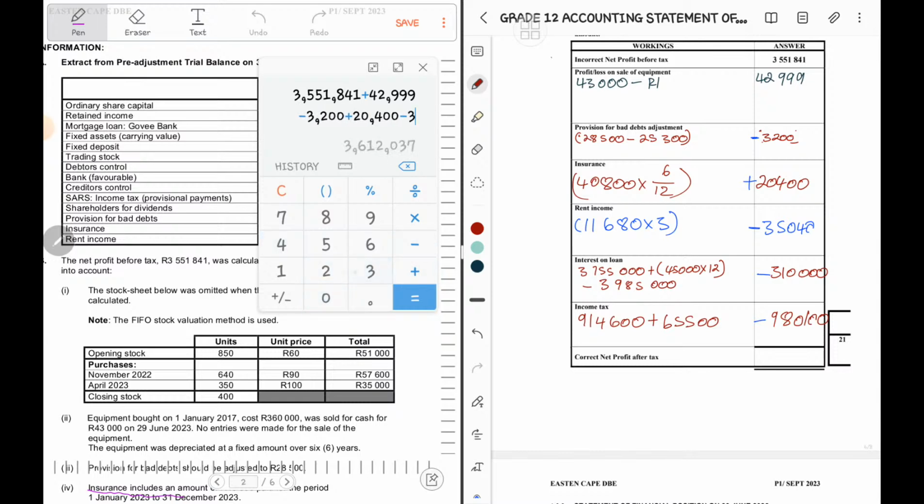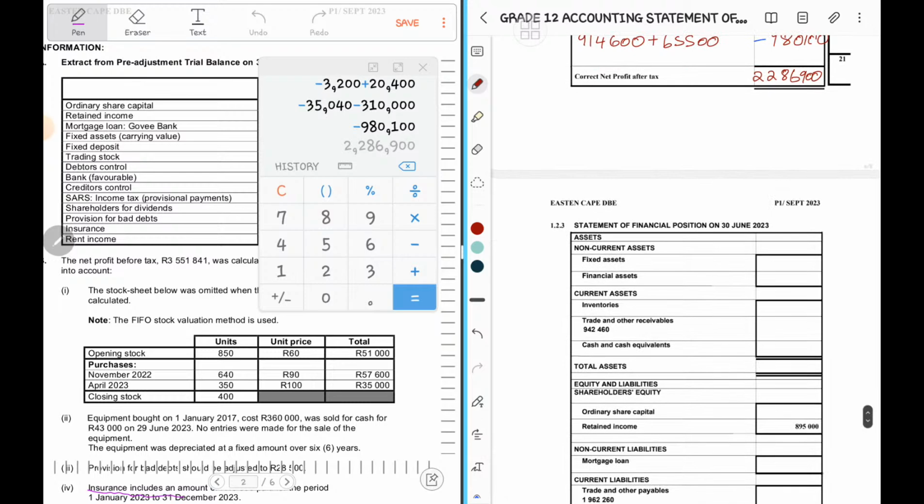We subtract 35,040. We subtract 310,000. Then we subtract 980,100. That gives us how much? That gives us 2,286,900. That will be our correct net profit after tax.